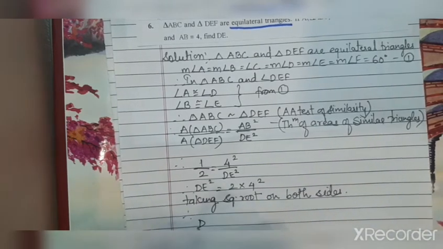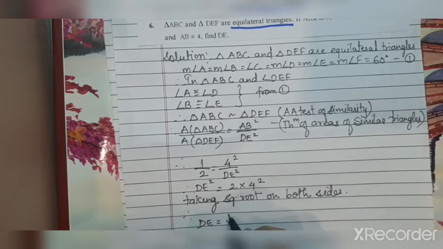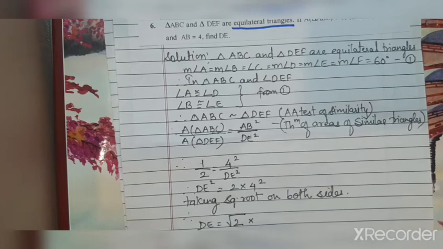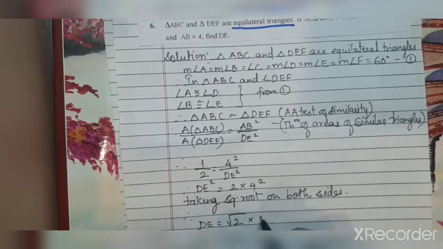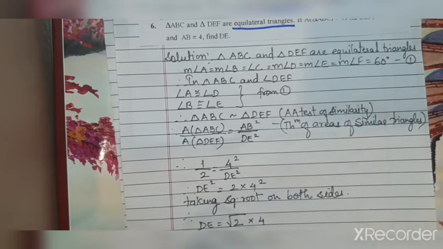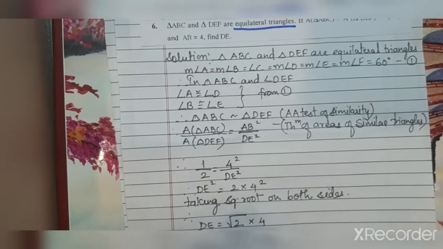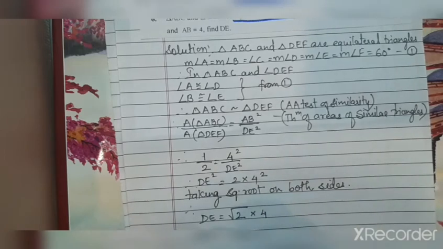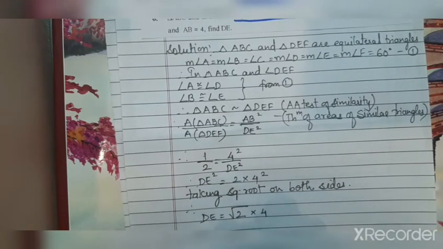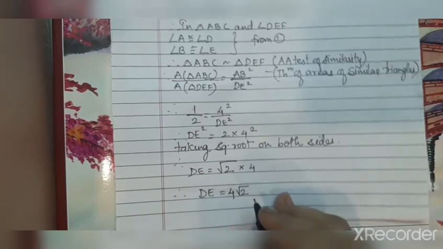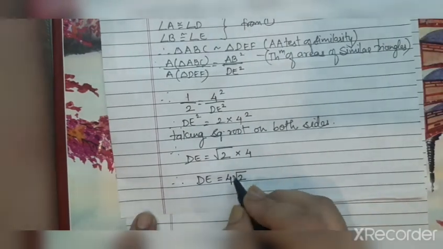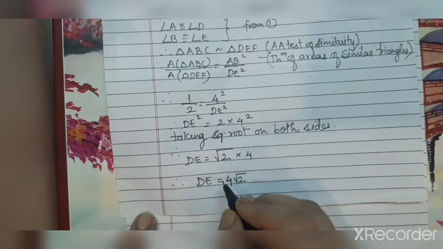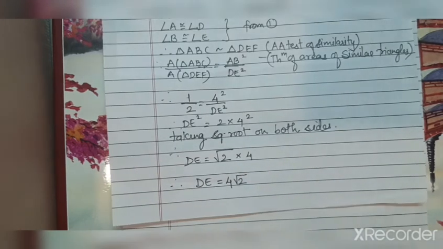So, therefore, I get DE is equal to square root of 2 is root 2 into square root of 4 square is 4. Therefore, they have asked what is DE. So DE is nothing but, we write it as 4 root 2. This is the correct way of writing. Don't write root 2, 4. This is the correct way of writing 4 root 2. And this is our final answer.